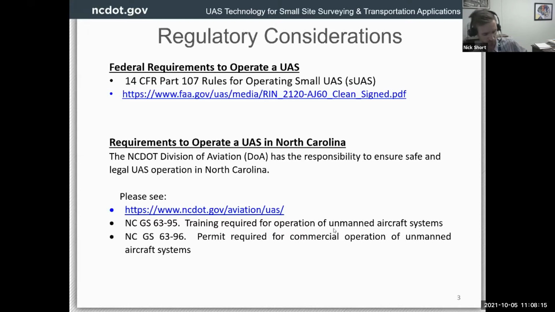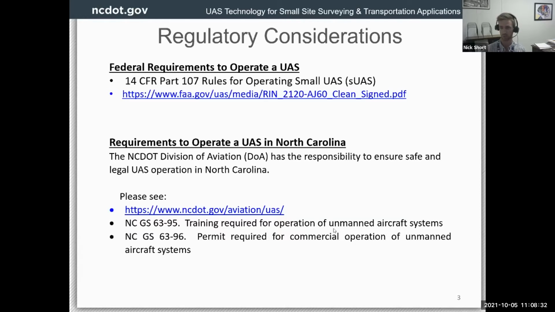Again, since we work for the DOT and the government, we want to spread awareness and knowledge. So I'm assuming most of everyone here knows about the regulatory considerations for operating a small UAS, but you've got to meet both federal and state requirements just for operating the UAS.